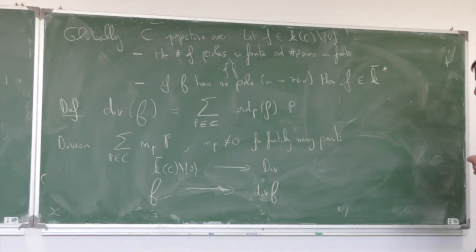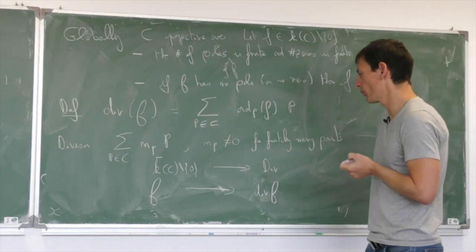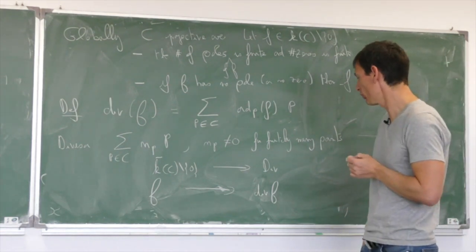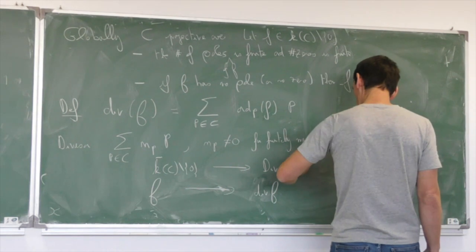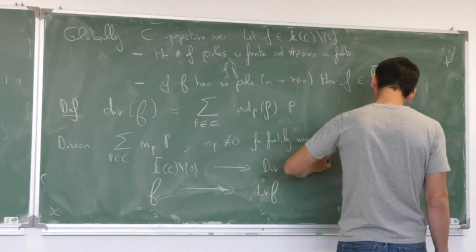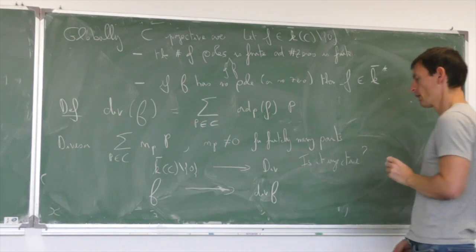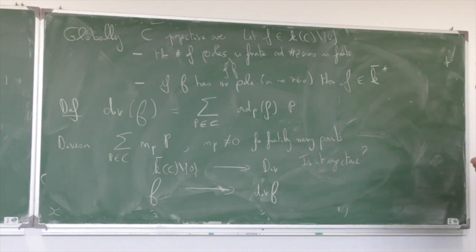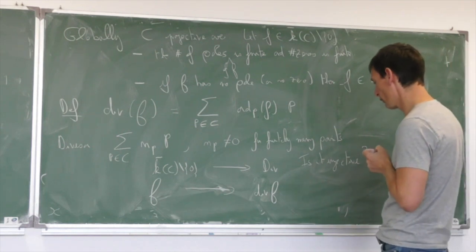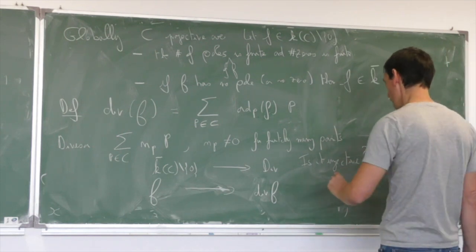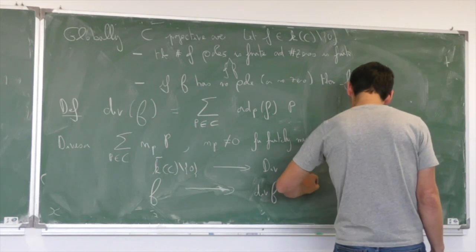Well, when one has a map, one always has the same kind of questions. Is this map, for instance, injective? The answer is almost. You can prove it in the following way, and I leave this quiz to you.